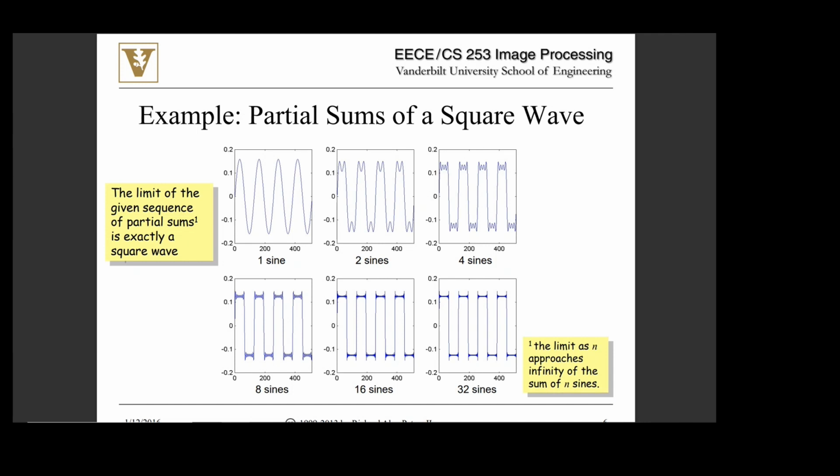This is a step function, so it goes very quickly, just one sample from high value to low value. So discontinuities cause these ripples, and they are called the Gibbs effect. Have you heard about that? Gibbs effect. So this is the Gibbs effect, and it is because of the discontinuities.